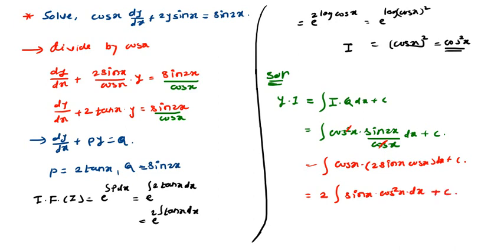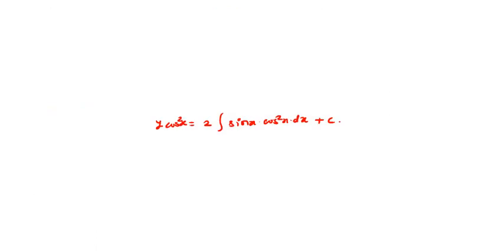Now to solve this integration, its LHS is y into integrating factor, and the integrating factor is cos square x. To solve this integration, we need to use a substitution. What will be the substitution?